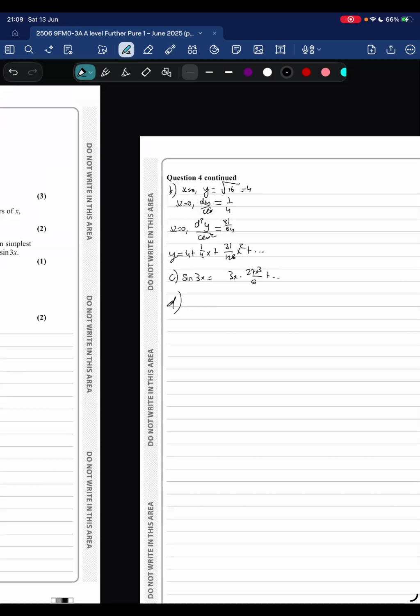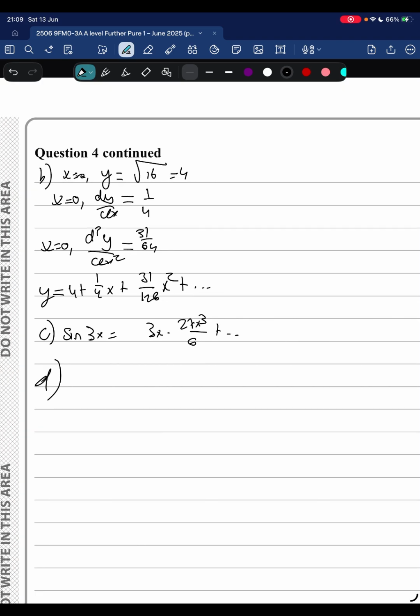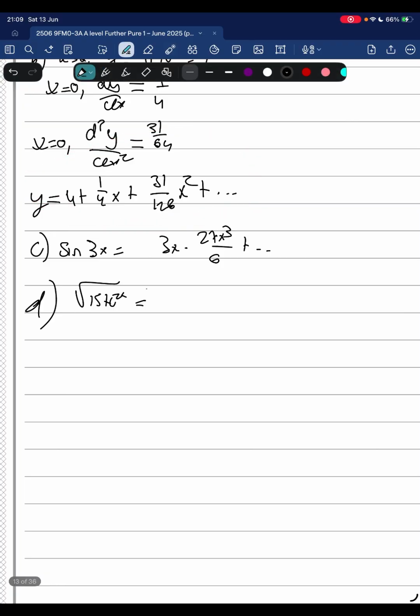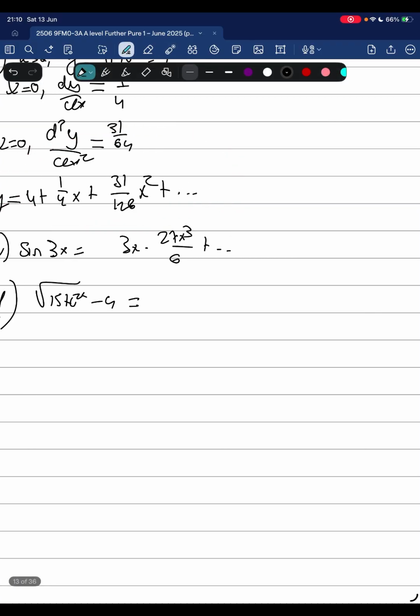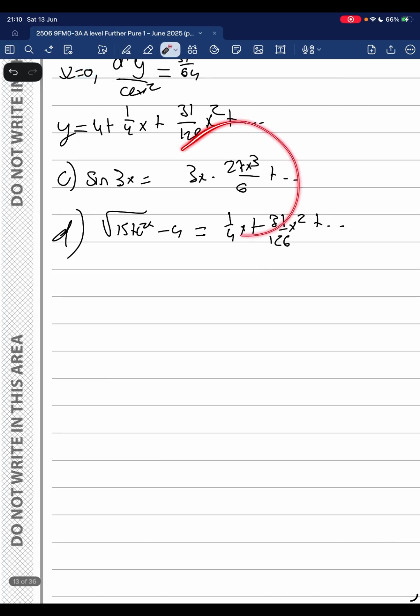Okay, in part D, we want to use the series expansions of part A. So for part A, we have 15 plus e to the 2x is equal to this bit here. So if you minus 4, we're going to get 1/4 x plus 31 over 128 x squared plus dot dot dot. And then sine 3x we have as this.